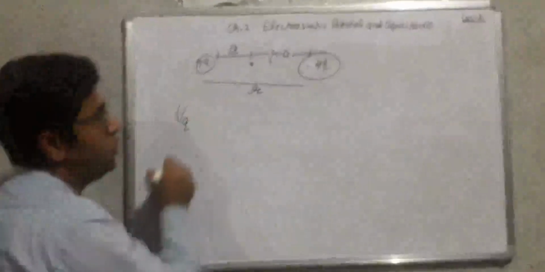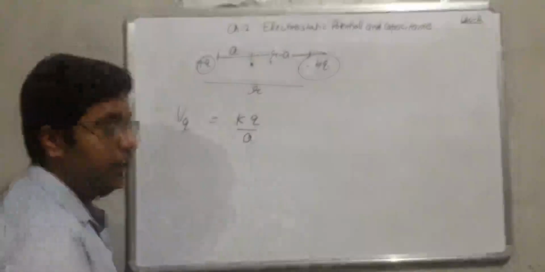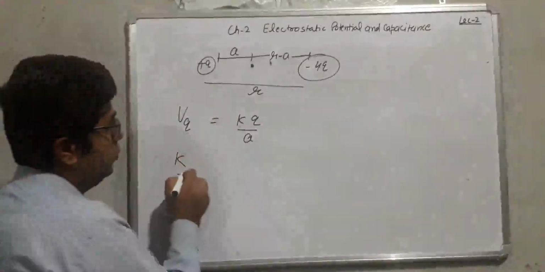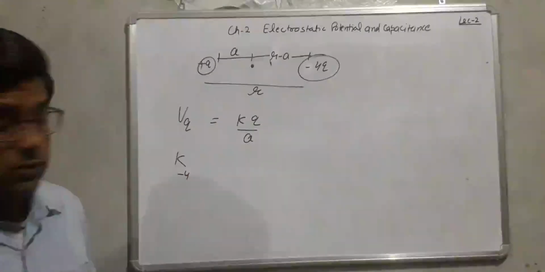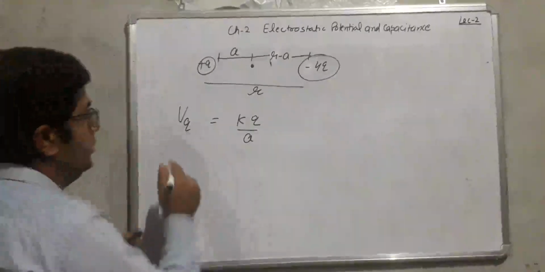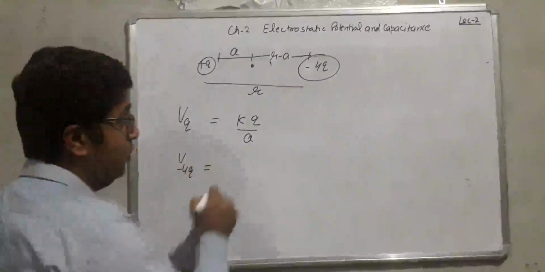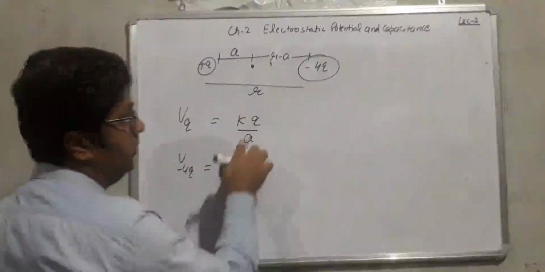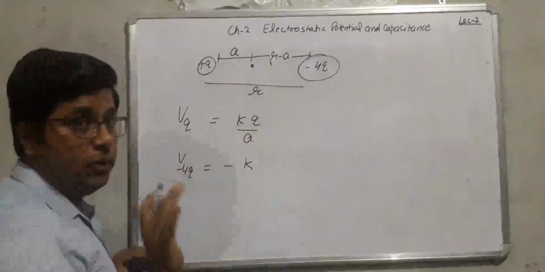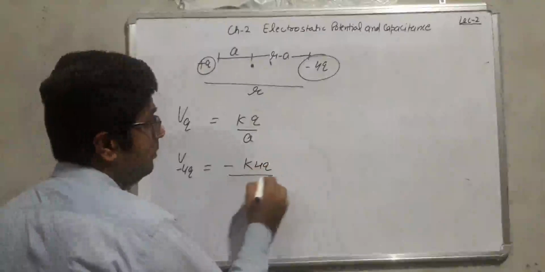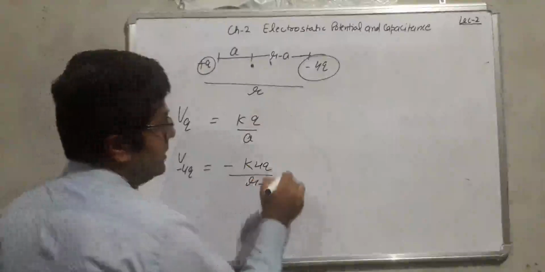Now the potential due to plus q charge is kq by a, and it is positive because of this positive charge. Now the potential due to minus 4q charge is negative, minus k times the source charge, 4q, by r minus a.